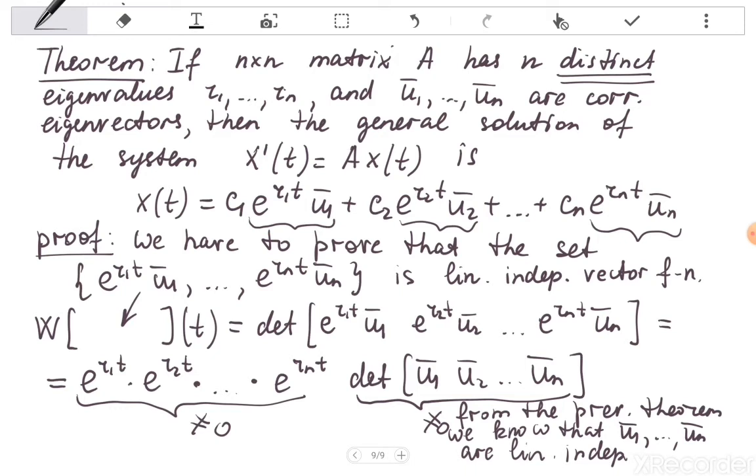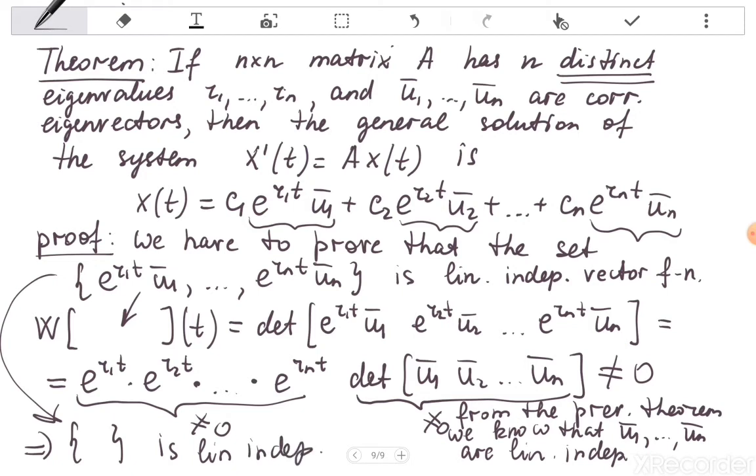This is a theorem from the first lecture of the previous week. So this one is non-zero, this one is non-zero, so overall this is non-zero. It means that this set is indeed linearly independent. So the theorem is proved.